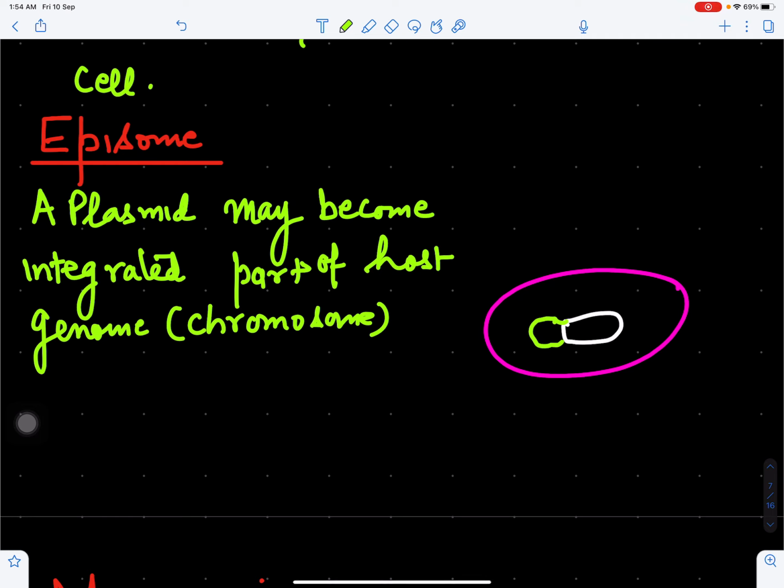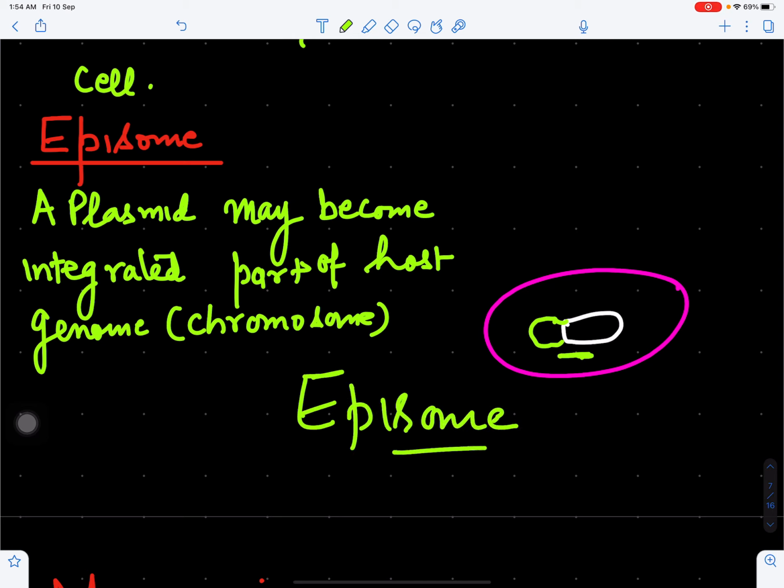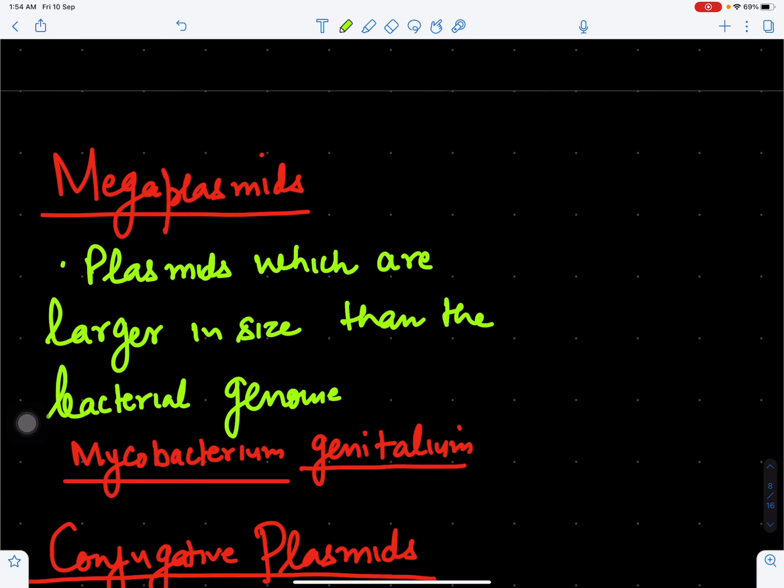When it gets integrated with the bacterial genome, it is called an episome. This may have certain same sequences, and it can get integrated with the bacterial genome. This is called an episome.